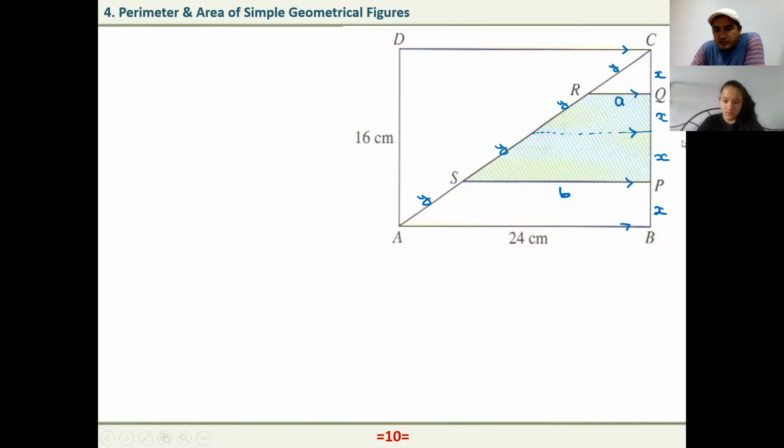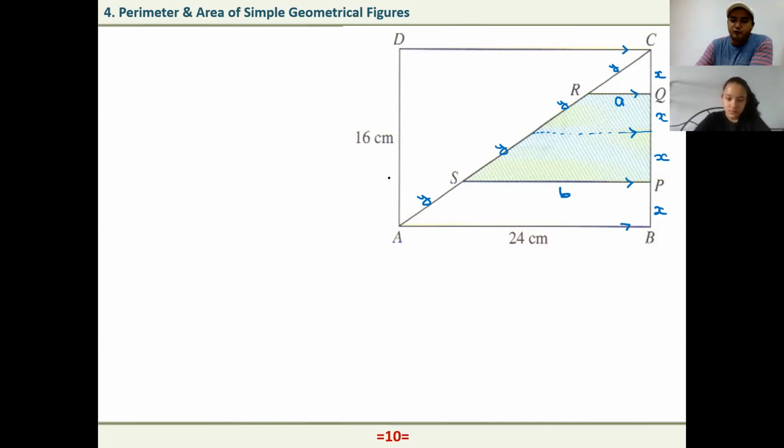Because we are just cutting this with parallel lines. If this one is X, X, X, X, and also the other side of the triangle, because these lines are parallel, also these lengths must be equal to each other. But I'm not saying that this Y equals X, but this thing should be equal to this thing, should be equal to this thing, should be equal to this thing. Okay, because of these parallel lines.